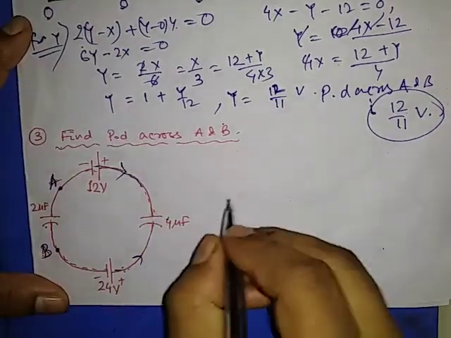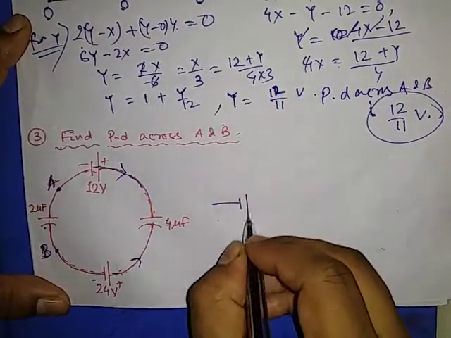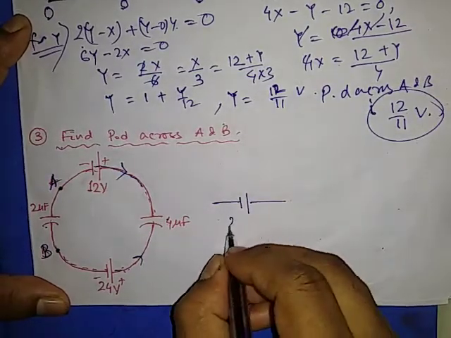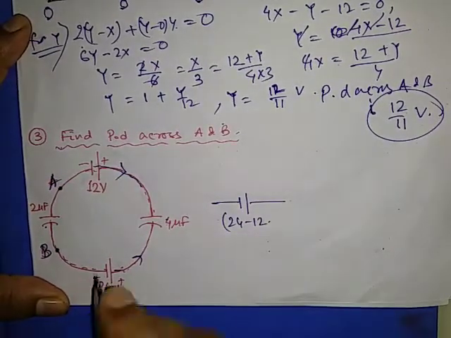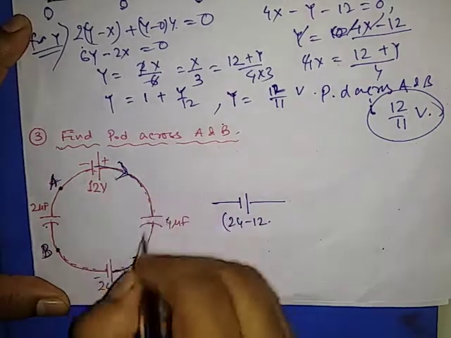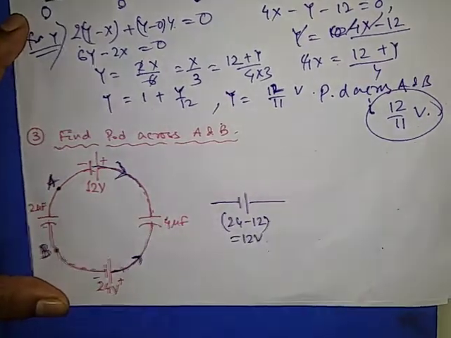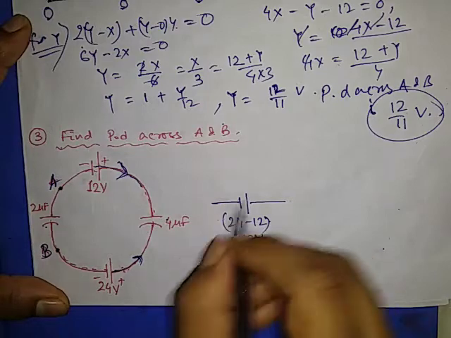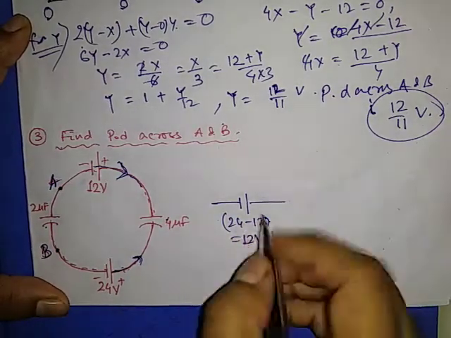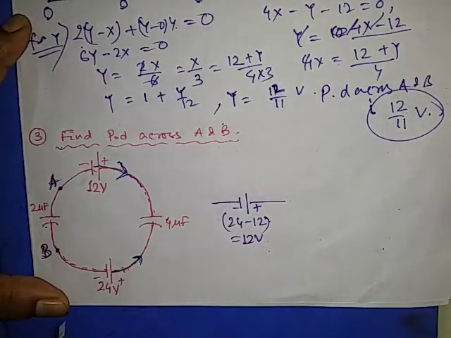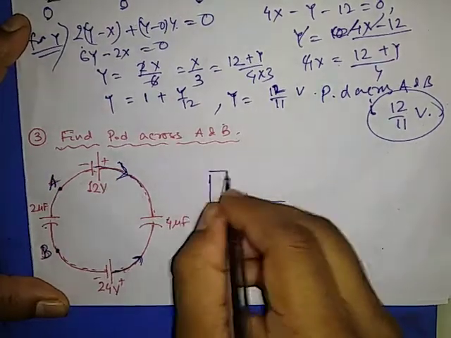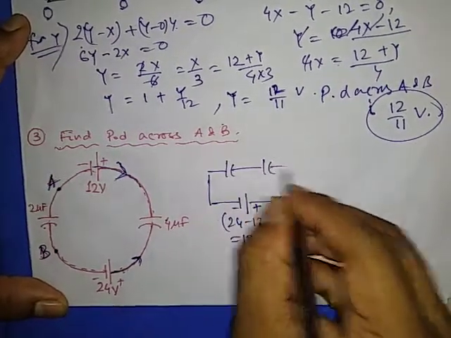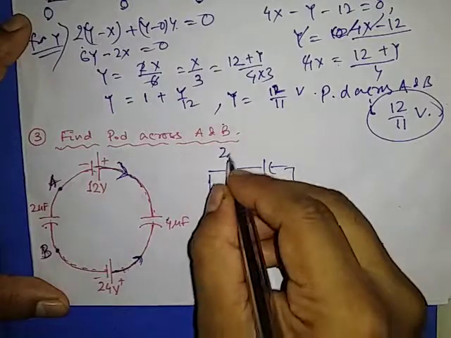So if you take a single potential, you can write 24 minus 12, because the directions of current are opposite to each other. So your resultant potential is 12 volt.